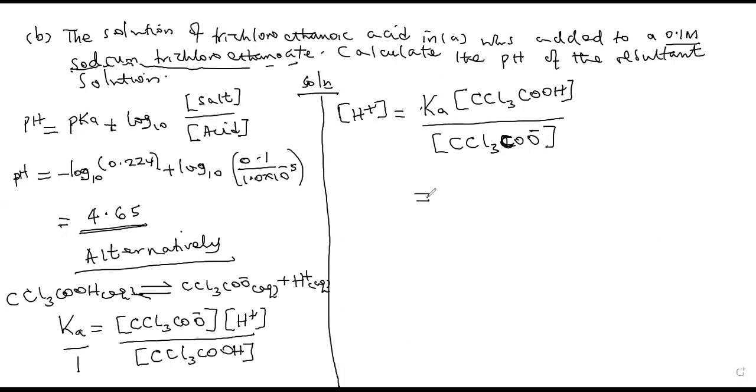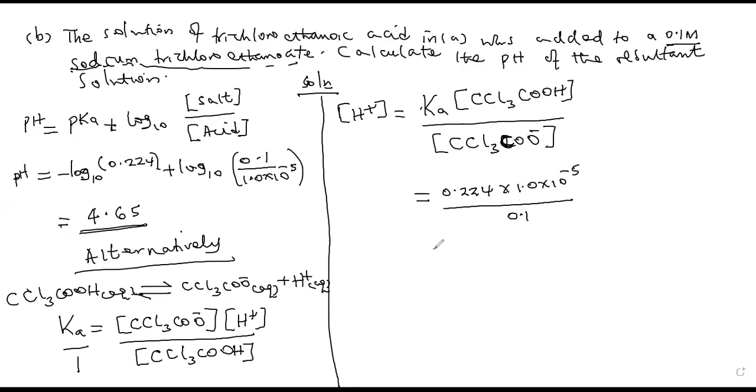Our Ka has been given as 0.224 times the trichloroethanoic acid concentration, which we got in part A as 1.0 times 10 to the power negative 5, everything divided by the trichloroethanoate ions concentration, which has been given as 0.1 from here.